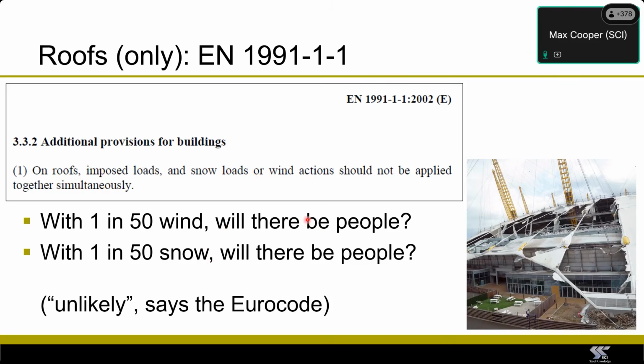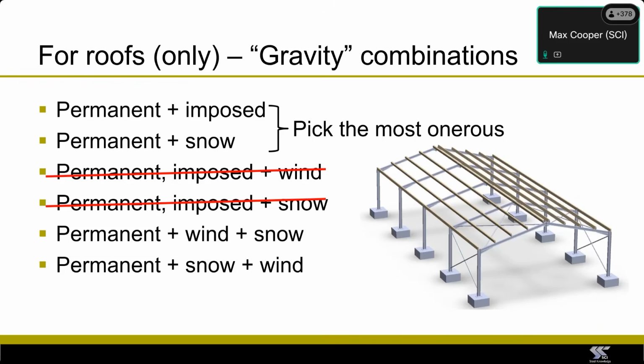That's to say, when we have the 1 in 50-year wind load, will there be people? Probably not. I suggest that's not the best time to be doing maintenance of a roof. And the same goes for when you have 1 in 50-year snow loads. The Eurocode says that's unlikely, and therefore you do not need to consider it.